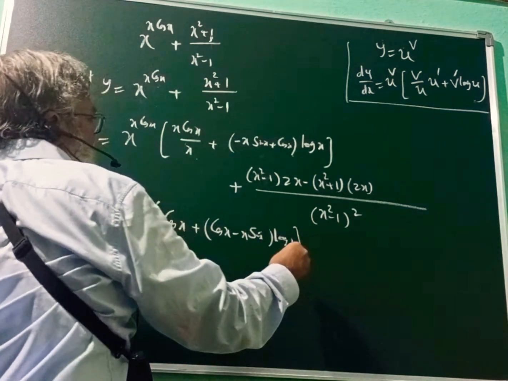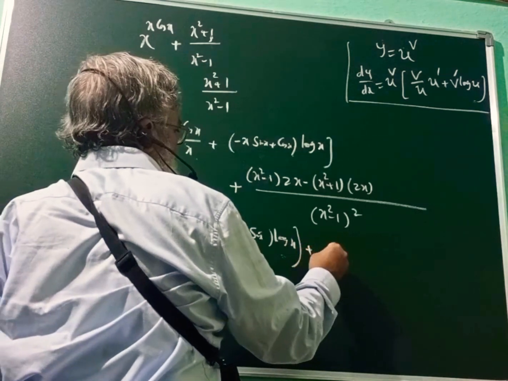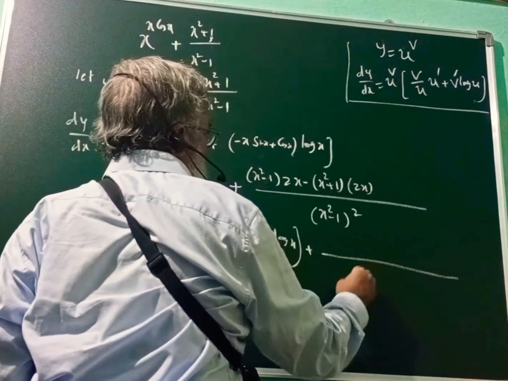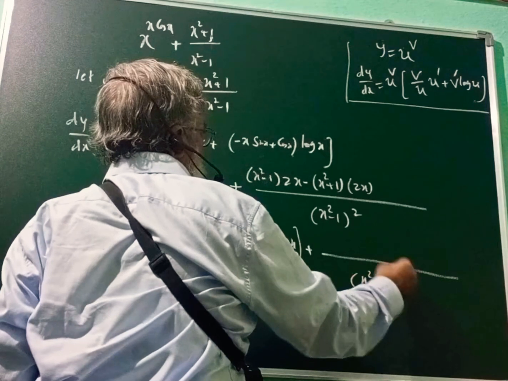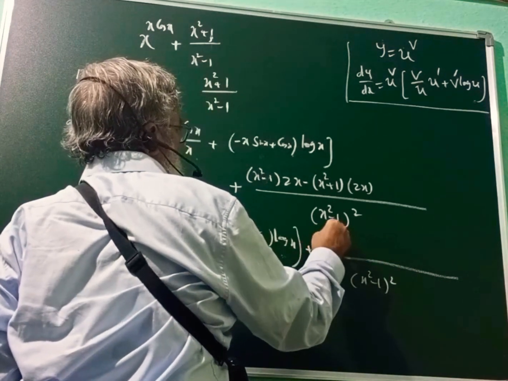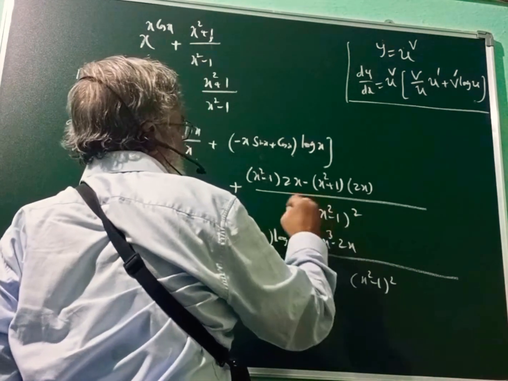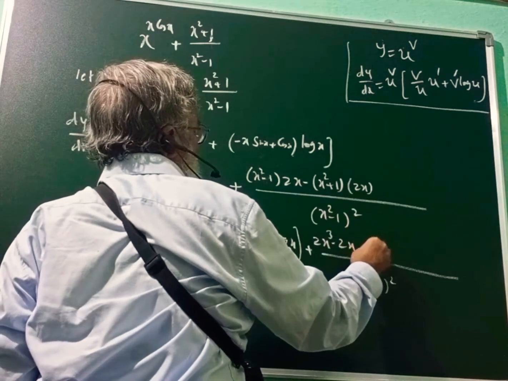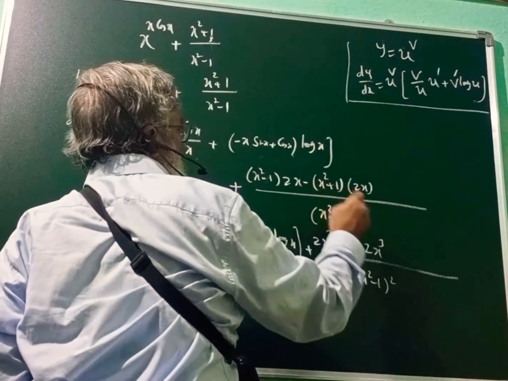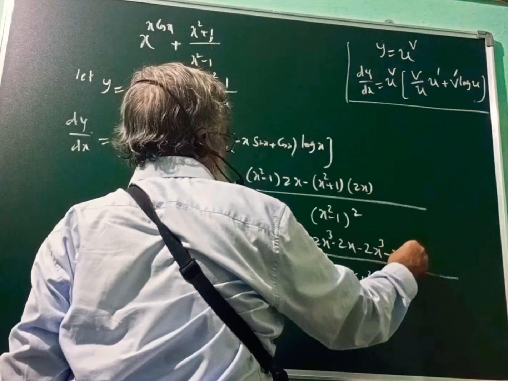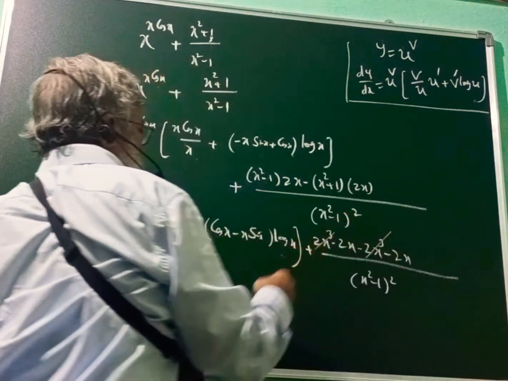have to simplify this. For simplification you see here, this will be (x² − 1)², 2x³ − 2x, opening the bracket, minus 2x³ minus 2x. You can see these two terms get cancelled.